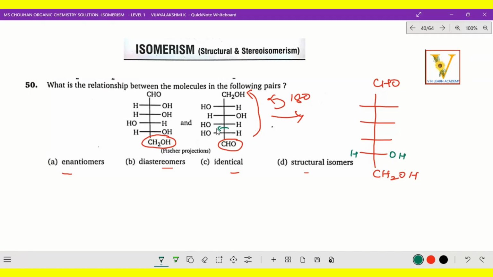Now in this it is just the same, right? Now the next one, here OH, here H, and then next one here the same H, OH, and then this part and this part only, right? So this also rotates. So here H, here OH.